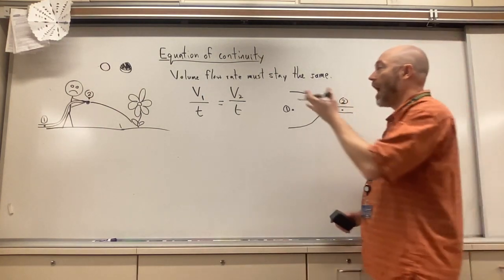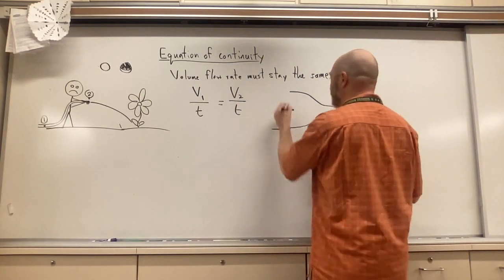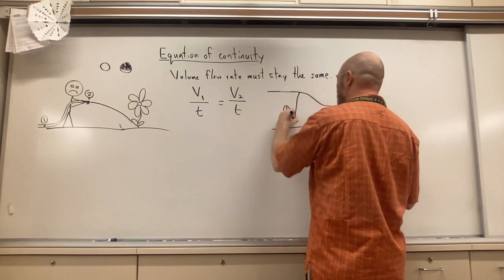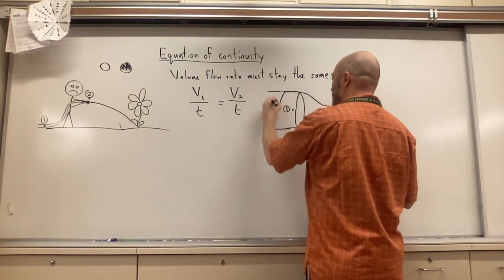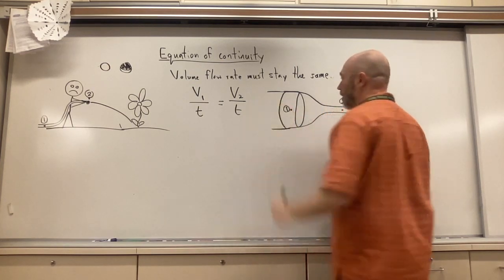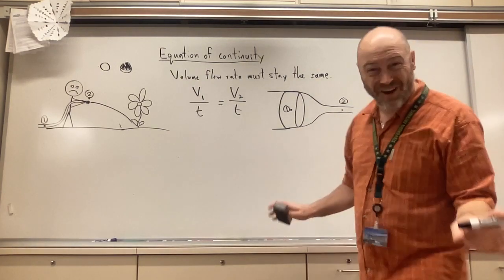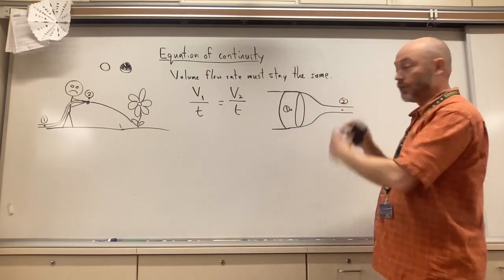Well, how do I figure out the volume? If this is a hose, it's cylindrical, so I need a cross-sectional part of the water, and let's say that is the volume of my water at part 1. You can kind of see that. I know I'm an amazing artist. I did minor in art, and that's my 3D piece of water flowing along.